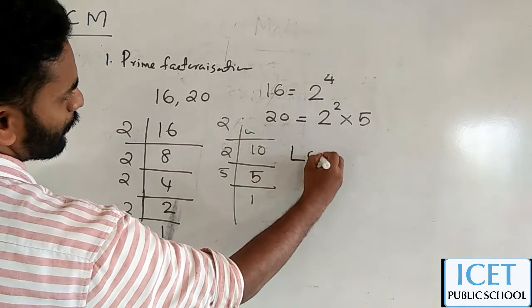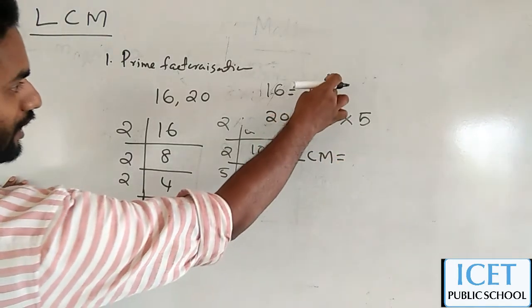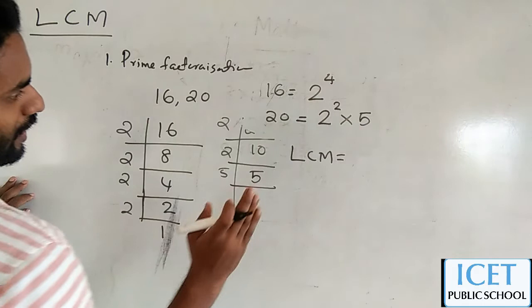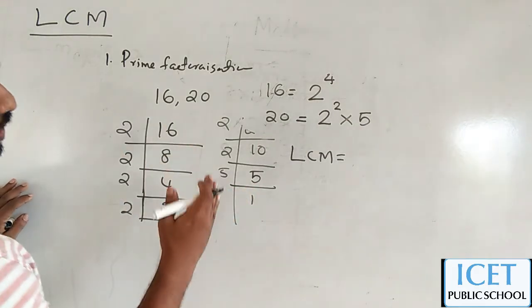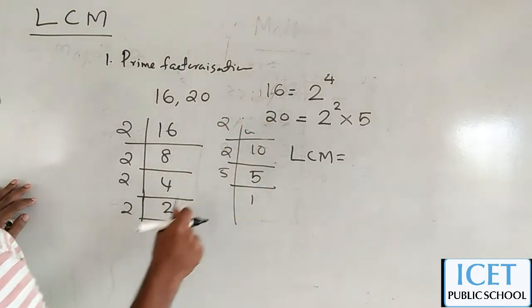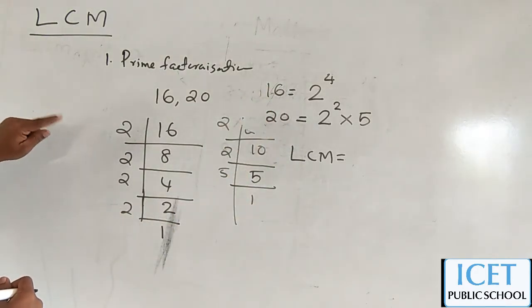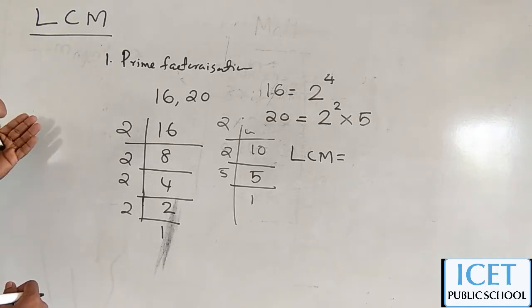Then what is LCM? For the HCF, we have taken the least power. Here we have to take the highest power. The value of the LCM will be greater than the given numbers, but the HCF will be lesser than the numbers, right?